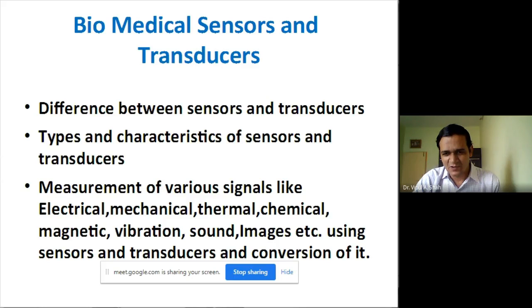So how the brain activity is done, how we can sense those activities, how the heart activities are sensed, how the kidney activities are sensed, how we can sense their different structures, breathing conditions, muscle contractions, expansions, etc. That is what we can do using those sensors and transducers.